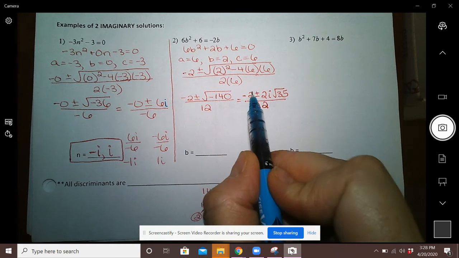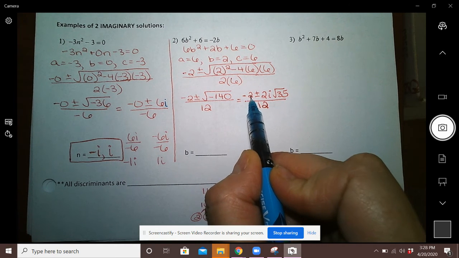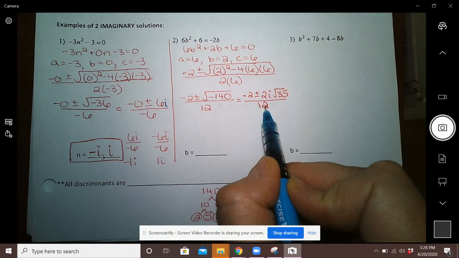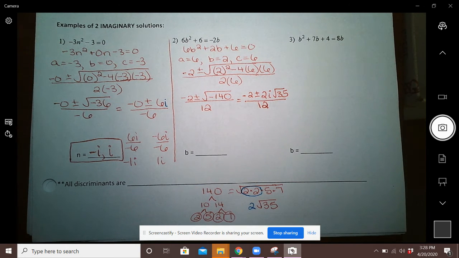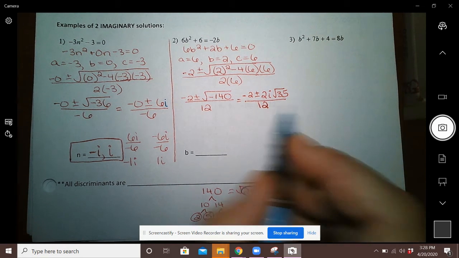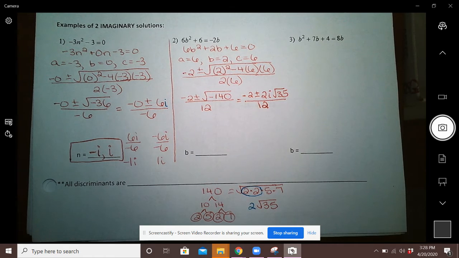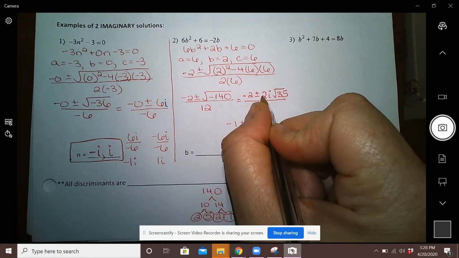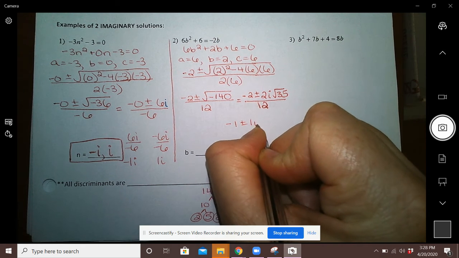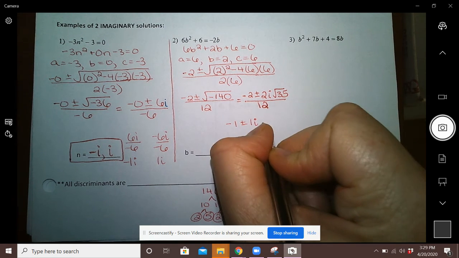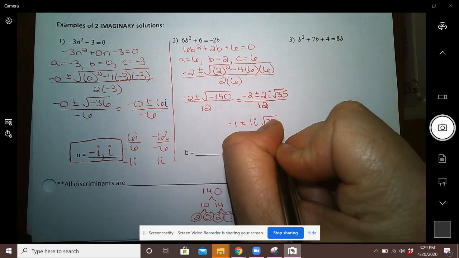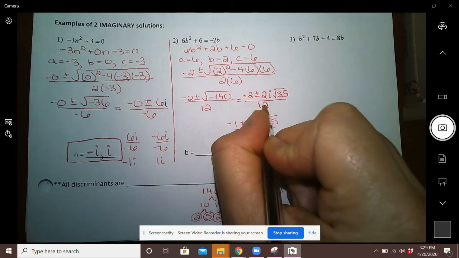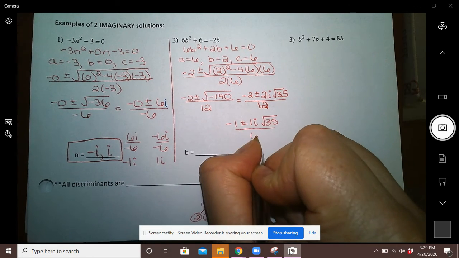You guys, all of these real numbers, the negative 2, the positive 2, and the 12 can be reduced by 2. So divide everything by 2. Negative 2 divided by 2 is negative 1. 2 divided by 2 is 1i. This 35 doesn't count because it's an irrational value. It's in a square root. 12 divided by 2 is 6.